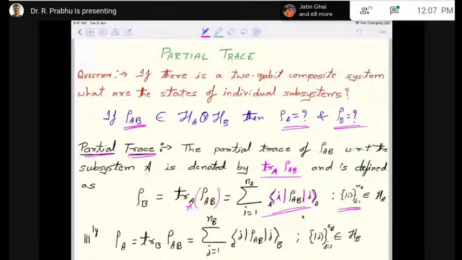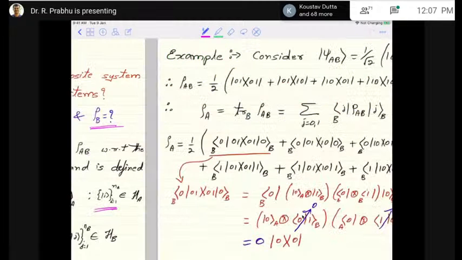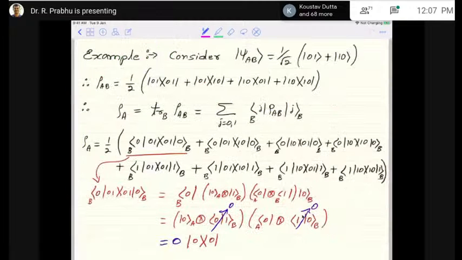Similarly, if you want to know the state of the particle A, you have to sum over all the basis of the Hilbert space corresponding to B. So let us consider an example which will be more clear to you.